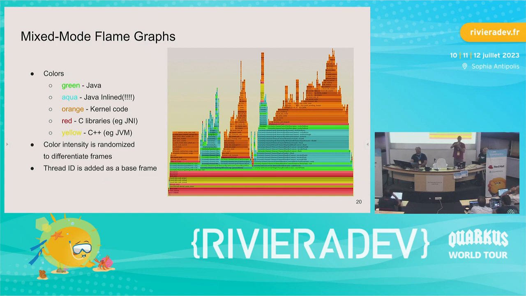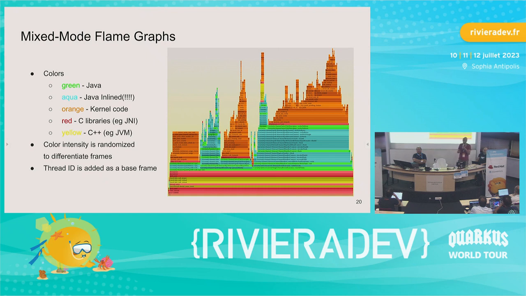For the ones that didn't know about it, I will speak about it very quickly later. Then we have the orange, which is pure kernel code. We have the red, which is C libraries. In this case, it could be JNI or whatever. And we have the yellow one, which could be the compiler, the GC threads, the part that is related to the just-in-time compiler.